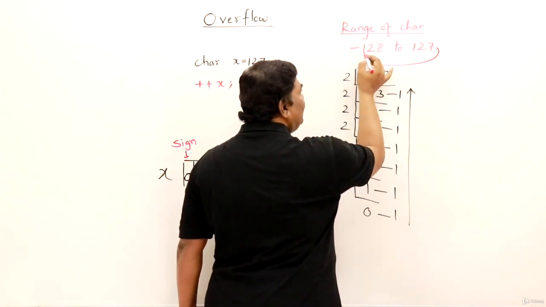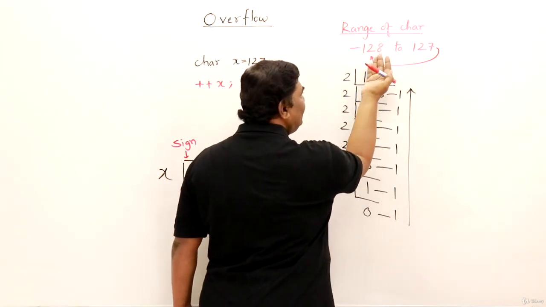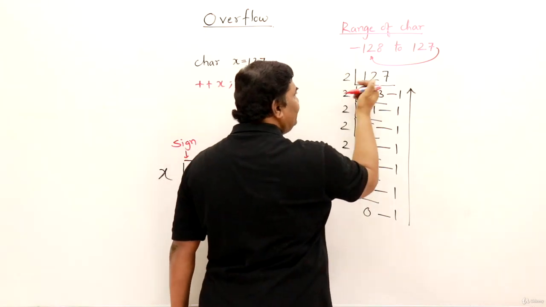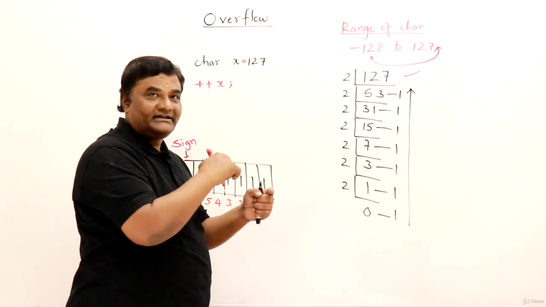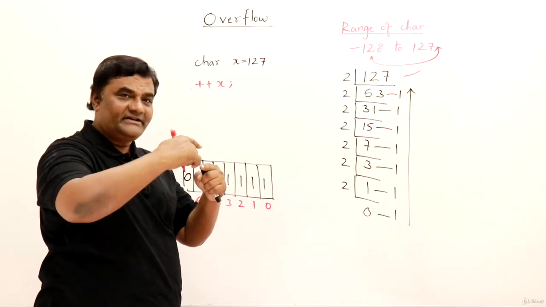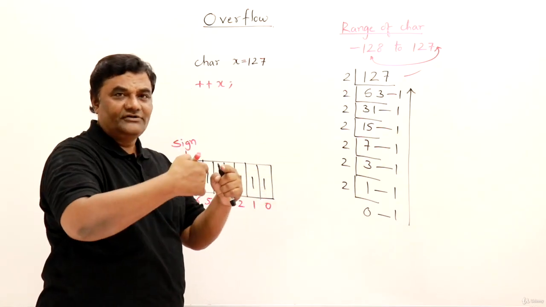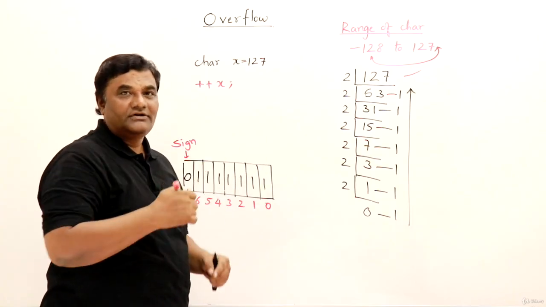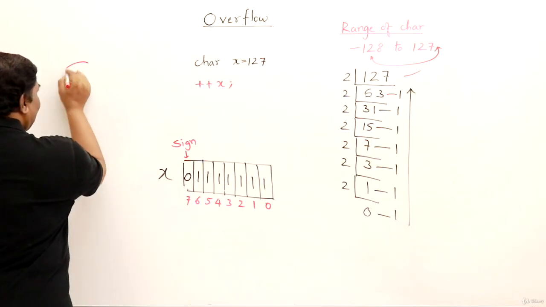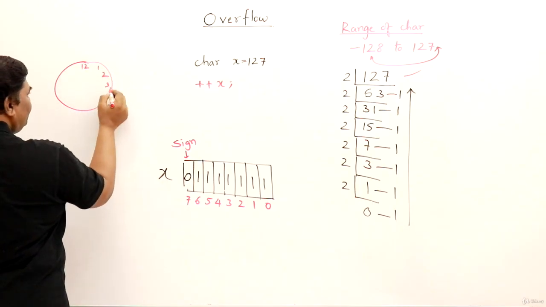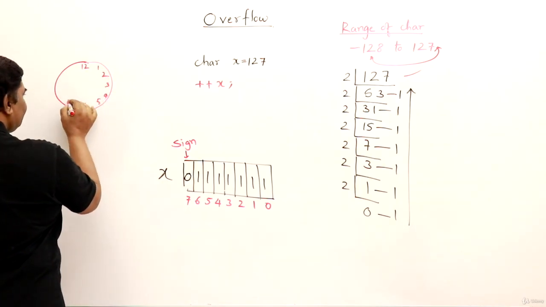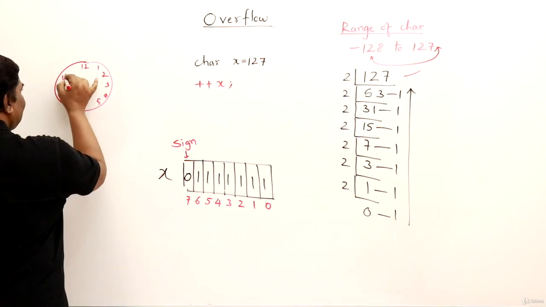And vice versa. If it is minus 128 and you try to decrease it by 1, it will go to 127. So it's more like cyclic. If you go from 127 beyond that, it will be minus 128, and from this side, it will go to 127. Just like the hand of a clock. This is 12 o'clock, 1, 2, 3, 4, 5, 6, 7, 8, 9, 10, 11.